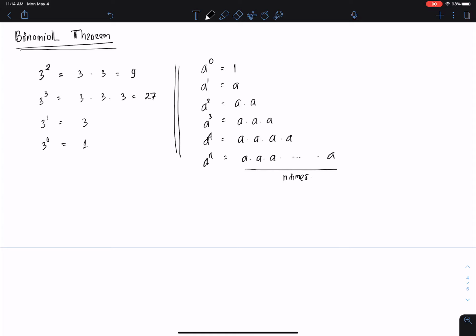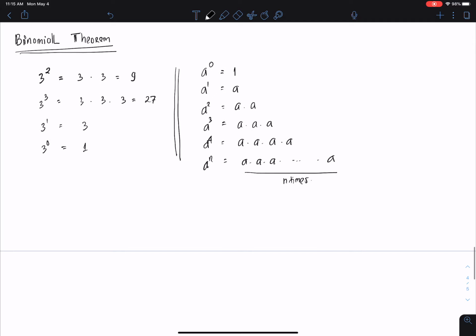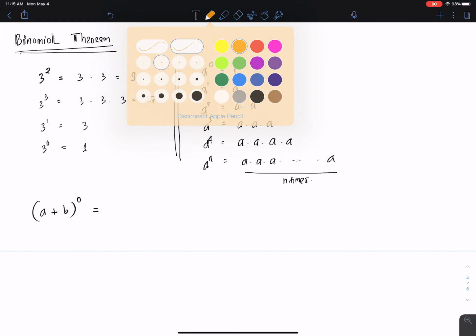So this is just a simple one, because we only deal with one variable or one parameter or one number only. But what if we have, for example, a plus b, so two numbers now, to the power of 0. What do you say? Remember, this one maybe looks weird, but don't forget the first definition given here.